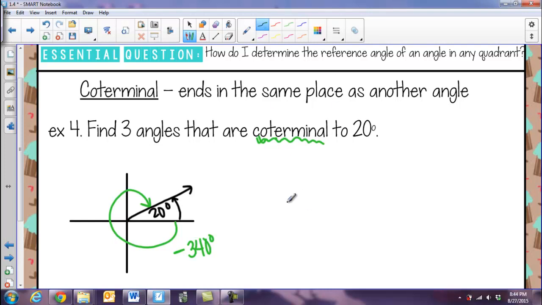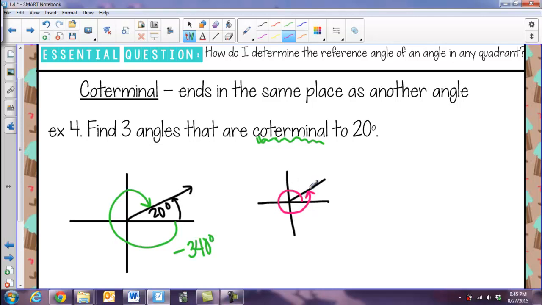To find some other ones, there's a lot of ways we could do it. One way, remember, we're trying to get to right here to make that 20 degrees. I still go the same direction, but instead of stopping at 20, I go all the way around and then stop at this 20 degrees. All I've done is taken that 20 degrees and added 360 to it, and that's going to be the same angle.